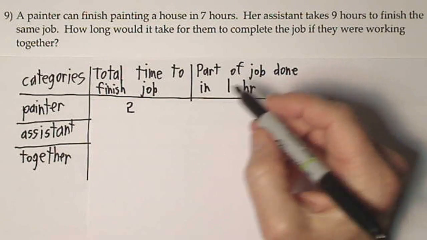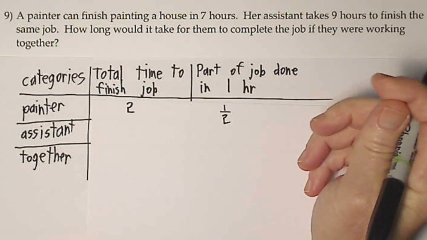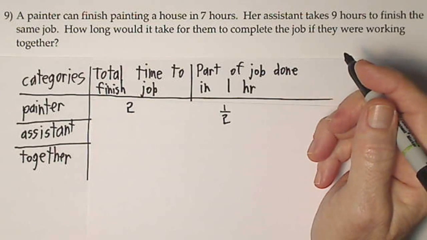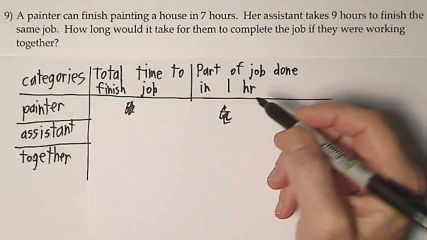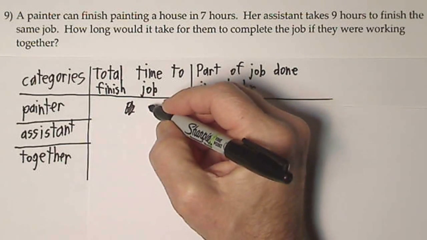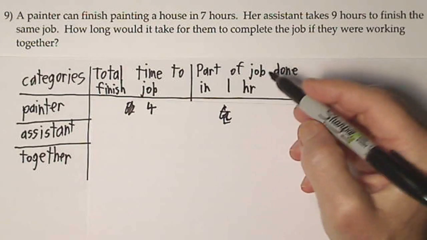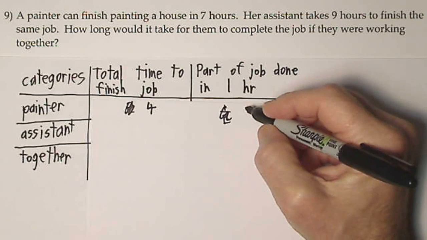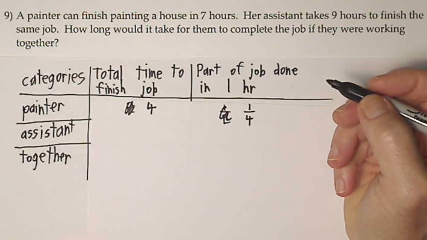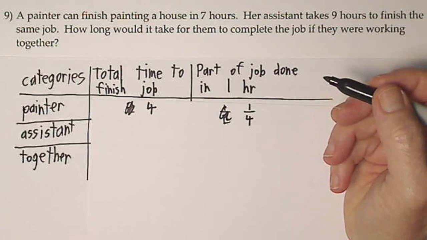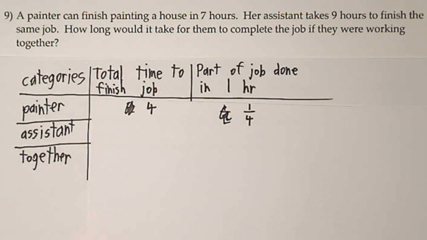In 1 hour, how much of the house would be painted? 1/2 of the house. Let's say the painter could do the job in 4 hours altogether. In 1 hour, the painter would have painted 1/4 of the house. So kind of convince yourself that this works. It's a cool trick.